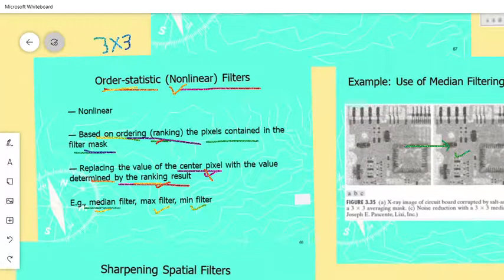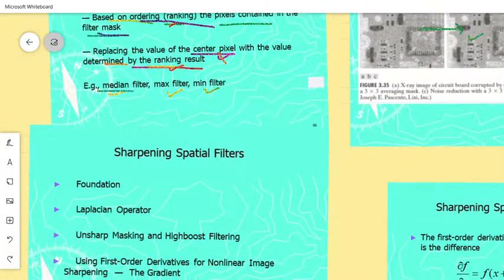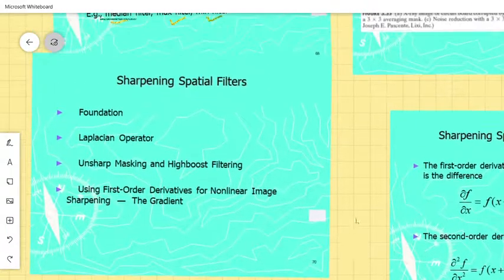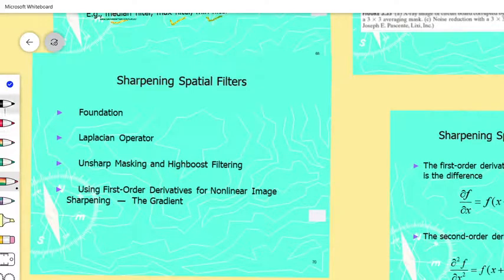Then for sharpening spatial filters. To sharpen the images, we apply spatial filters; those are called sharpening spatial filters.